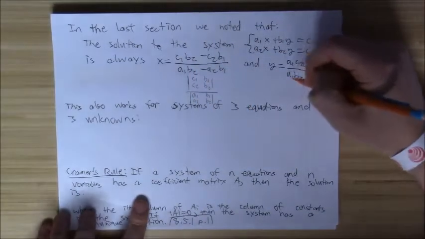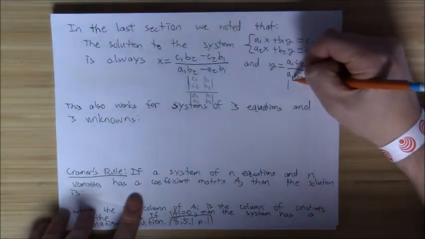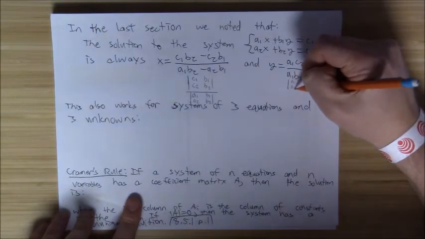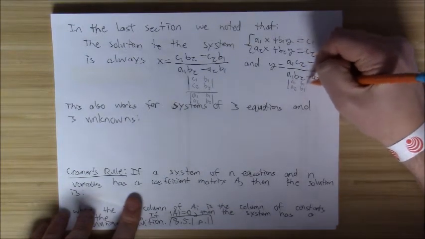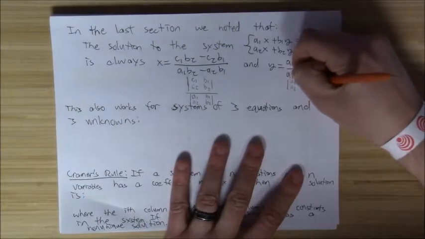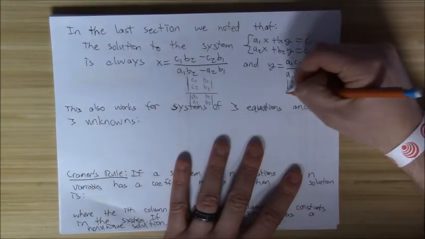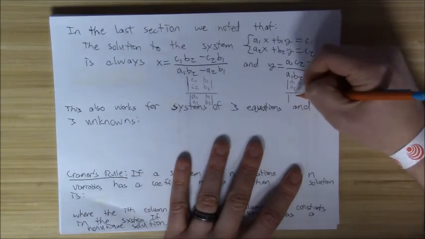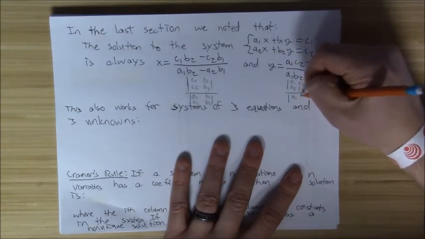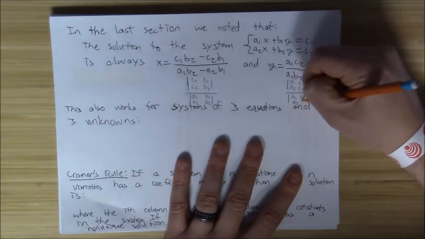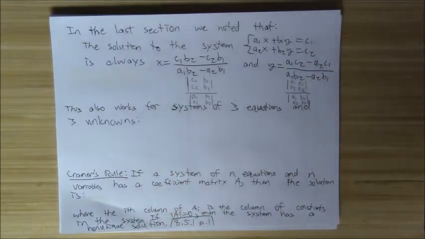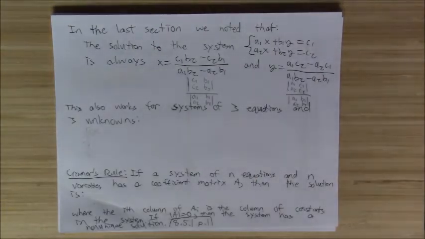And this is really the determinant of A1, C1, A2, C2 over the determinant of A1, B1, A2, B2. Okay? So what's interesting is this even works for a system with 3 equations and 3 unknowns.